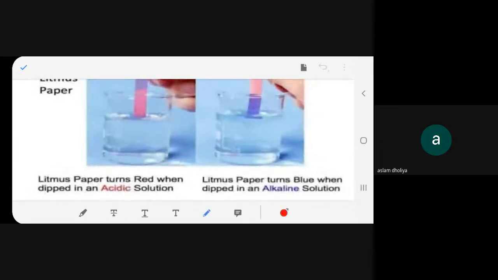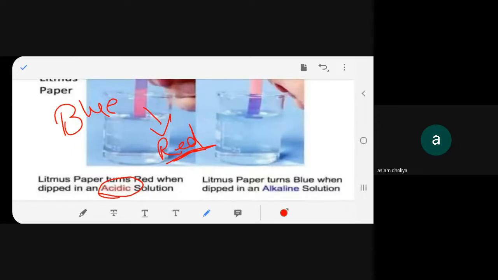This paper was blue. Right, beta? It turned red. Is this clear? Anything which is red is acidic. Is this clear?